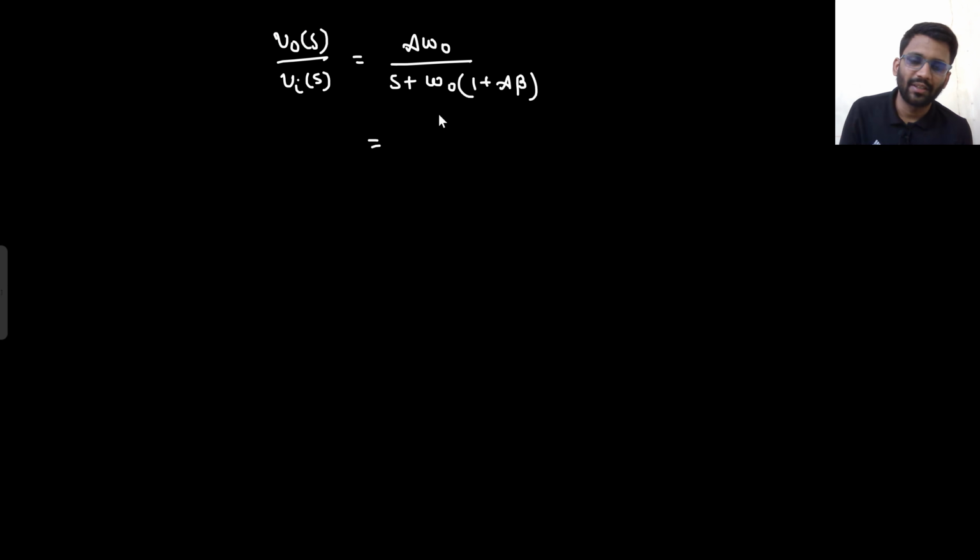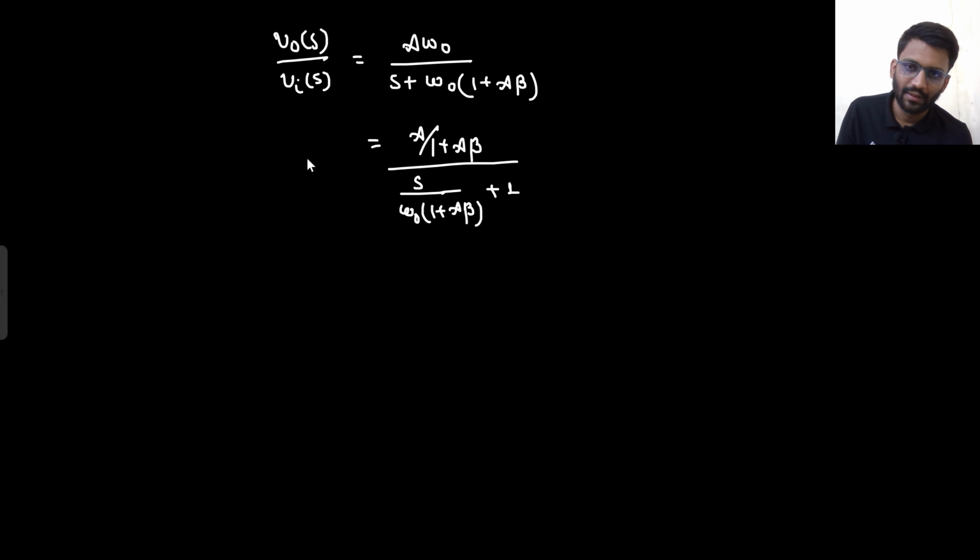So let's write it in this manner only, because it will be easier to write the DC gain. So I will take omega naught into 1 plus A beta common. So it would be A upon 1 plus A beta divided by S upon omega naught into 1 plus A beta plus 1. This is your V naught S by V in S.